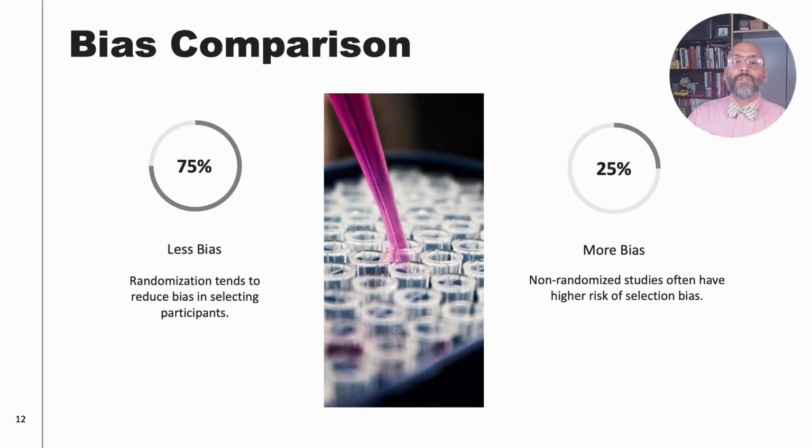So before the treatment ever starts, randomized studies tend to have less selection bias because assignment to treatment groups is determined by chance rather than by some clinical judgment or patient preference or illness severity. That doesn't mean randomized studies are bias-free. It just means that they're less vulnerable to certain predictable distortions.